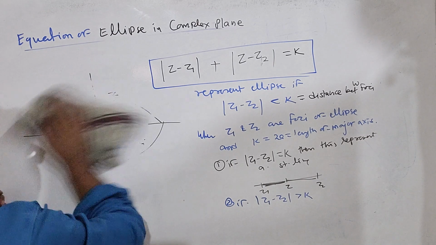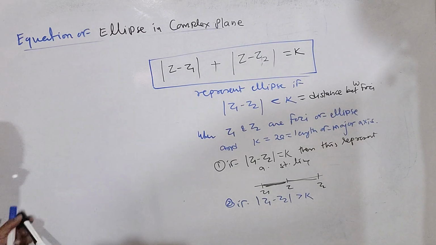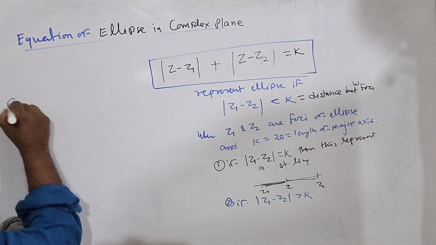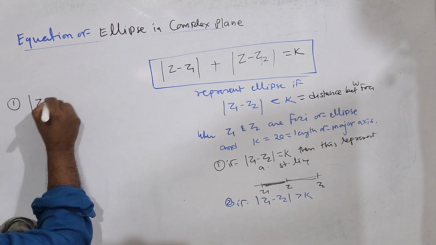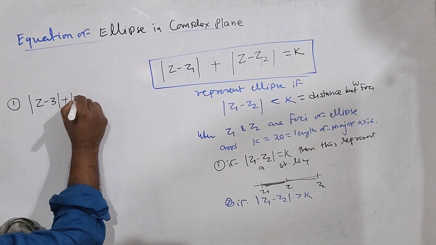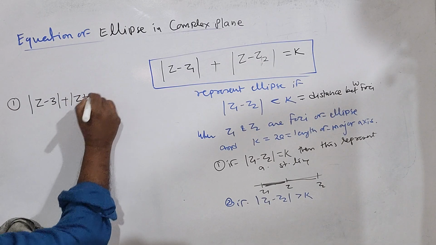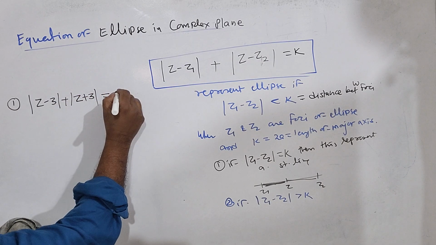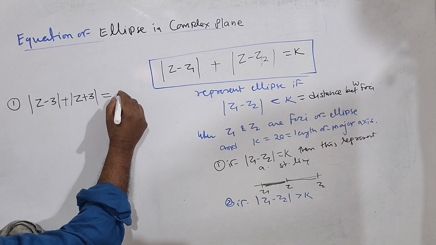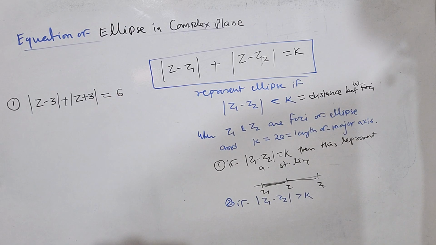Okay, the first one is modulus of z minus 3 plus modulus of z plus 3 is equal to 6.